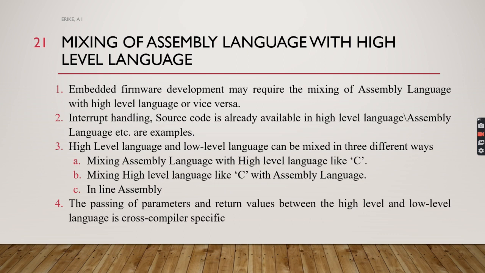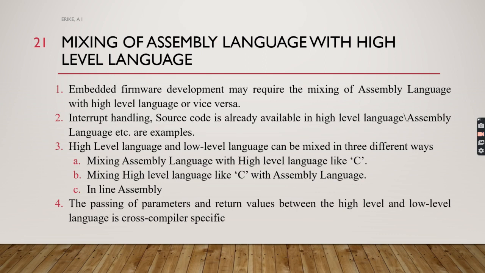Next, we look at the option of mixing assembly language with high-level language. Embedded firmware development may require the mixing of assembly language with high-level languages, or vice versa, especially in the area of interrupt handling. The source code is already available in a high-level language, and then assembly language can be used in that area.